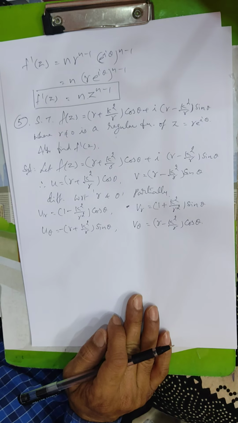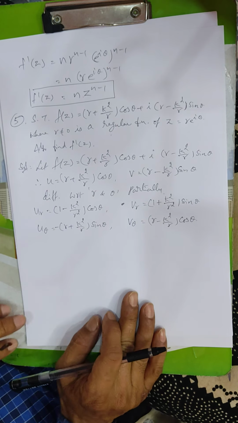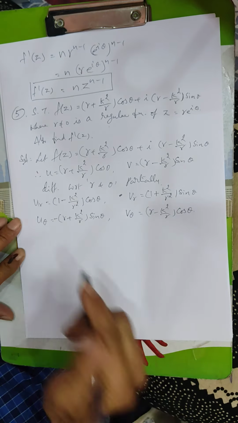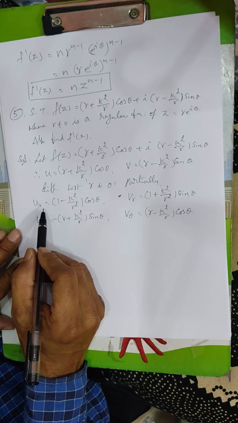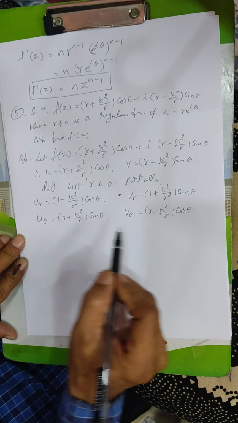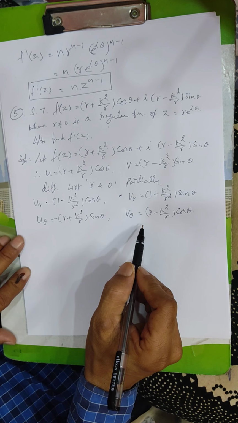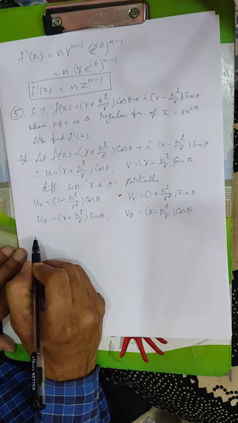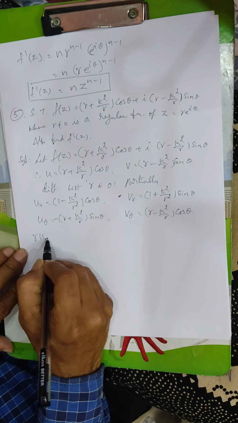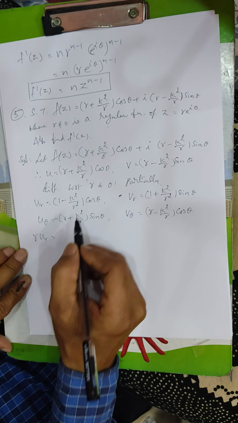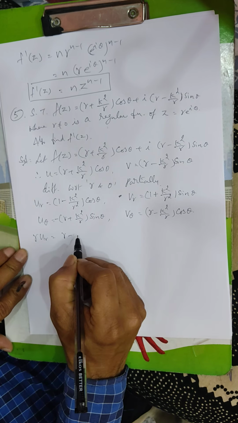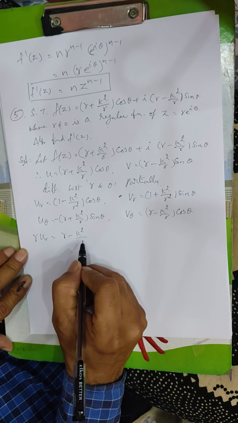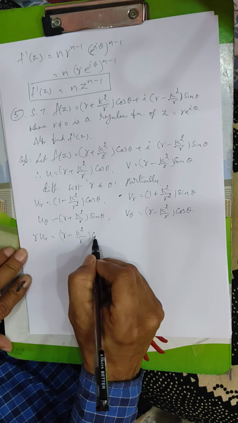So in order to show that the given functions satisfy the CR equations, let us write r u r is equal to v theta. So what is r u r here? r u r is equal to, multiply by r: 1 into r minus k square r by r square, that is k square by r, into cos theta.